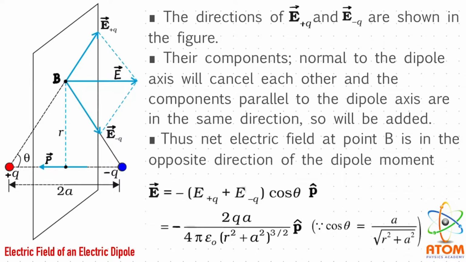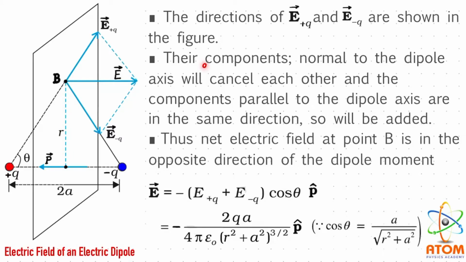Now if we consider the components of this electric field, then this E positive q will have two components. One will be parallel to the dipole and one will be perpendicular to the dipole. The same way, two components of this E negative q will be one parallel to the dipole and one in the perpendicular direction of the dipole.